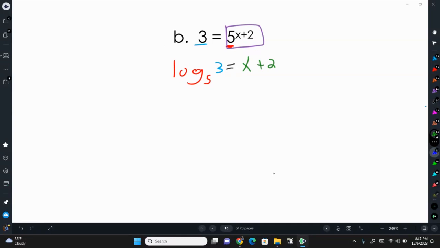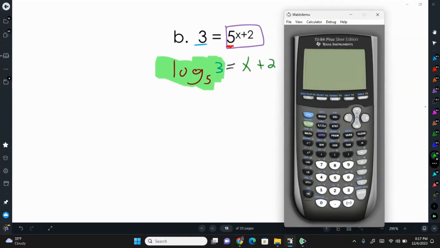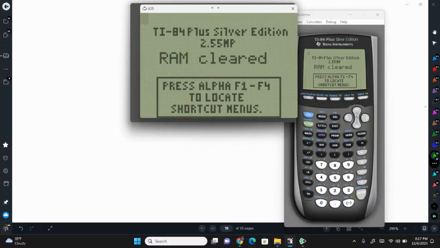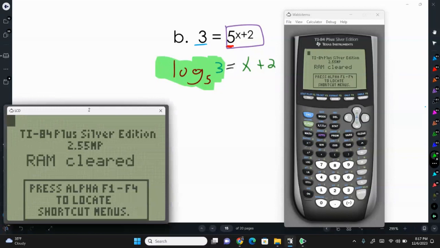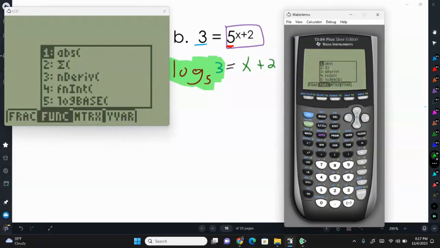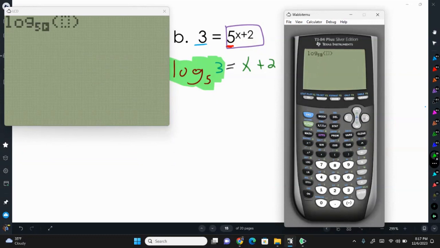We learned how to type this into our calculator, or you can use the change of base formula. Either one is okay. So if we do alpha window and then the 5th option, log base 5 of 3 is equal to 0.683.